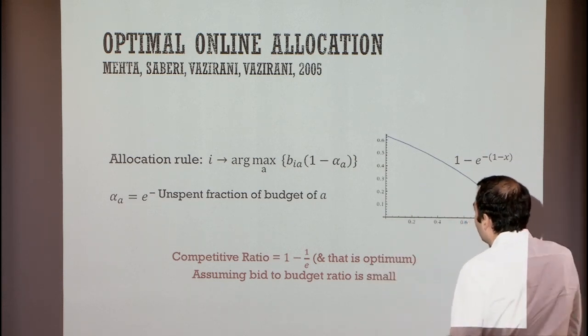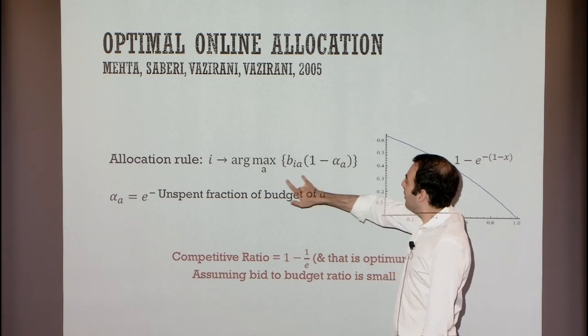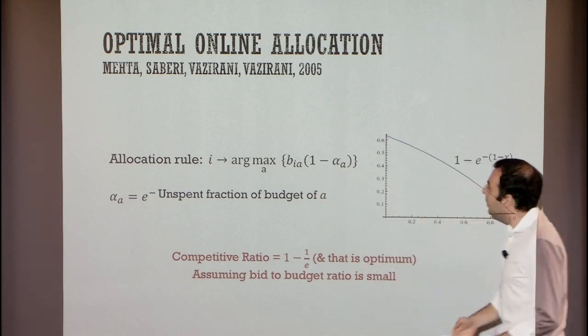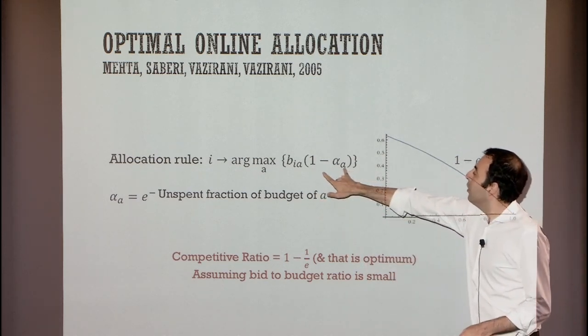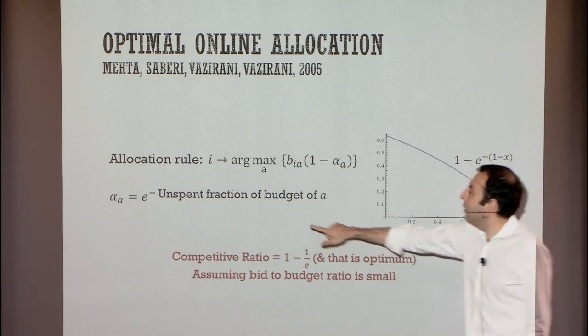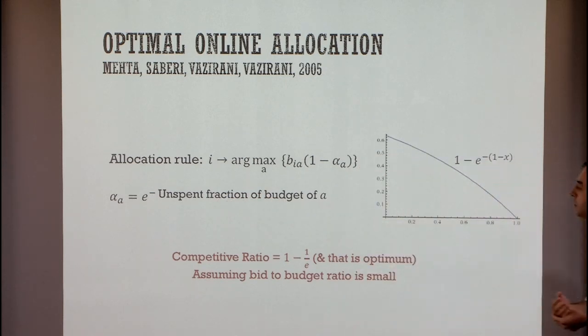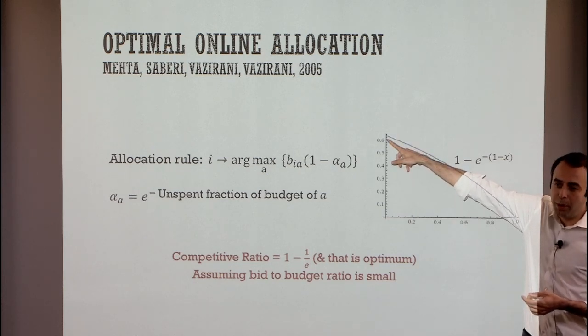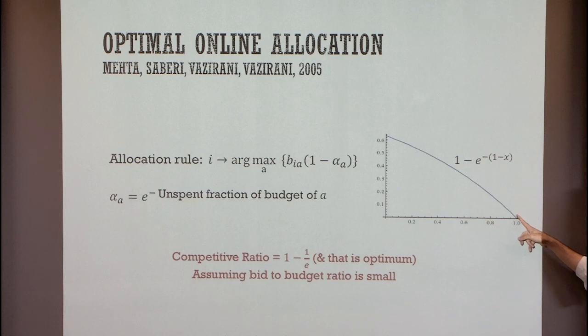So instead of giving the query to the bidder with the highest bid, normalize every bidder's bid by this factor of 1 minus alpha of A, where alpha is e to the power minus the unspent fraction of budget of advertiser A. So if you haven't spent much of your budget, you don't get penalized much, and as you spend more of your budget, the normalizing factor in front of your bid gets closer and closer to 0, and when you run out of your budget, your bid is thrown out.